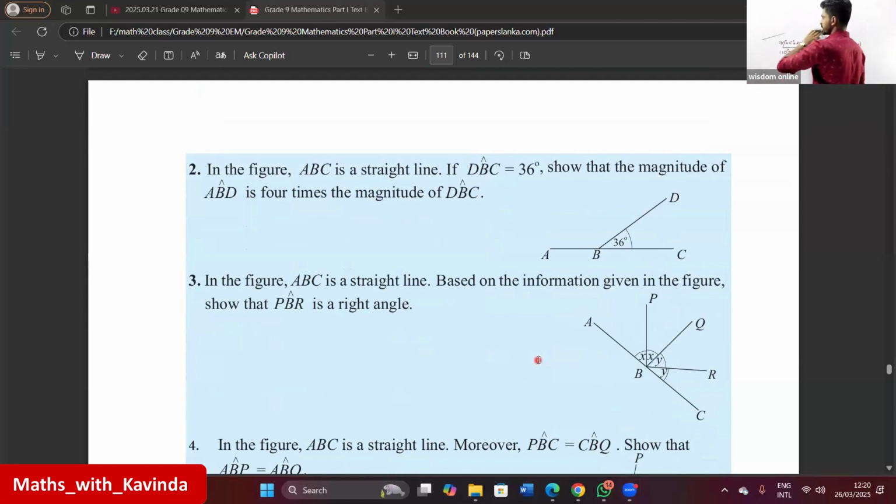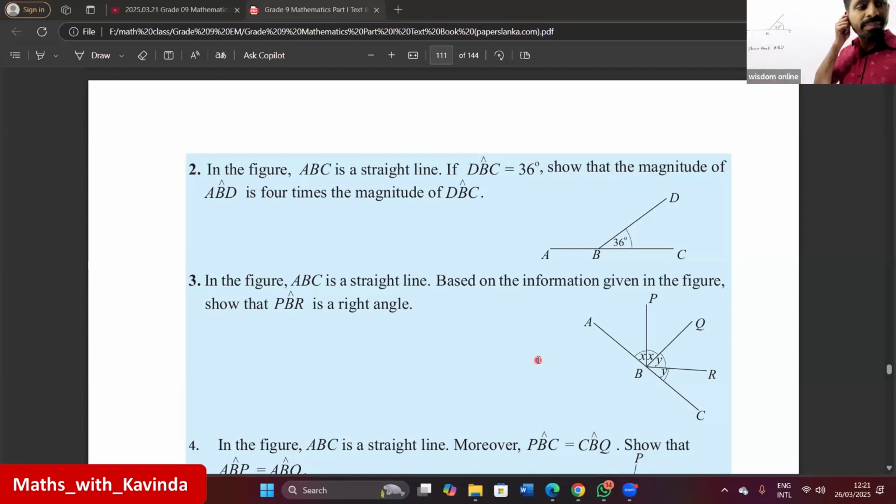Let's try to do that one. ABC, then 36, and ABD.